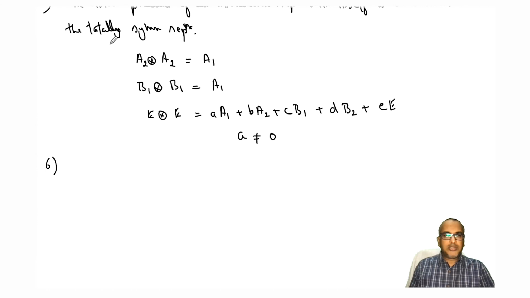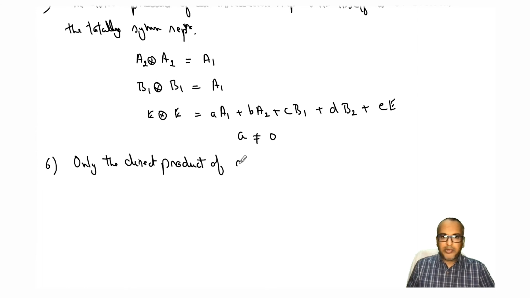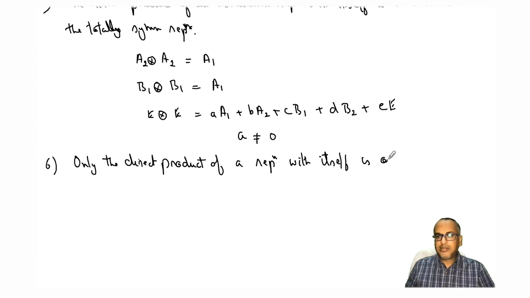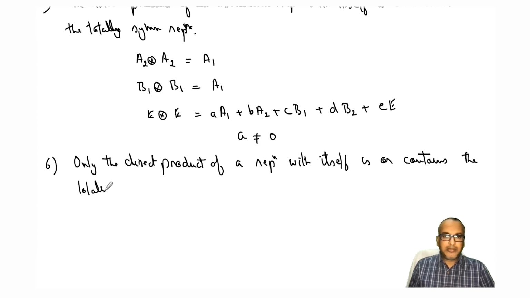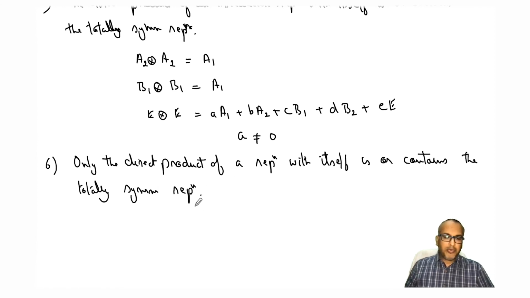And the last one also is a corollary of this fifth one. Only the direct product of a representation with itself is or contains the totally symmetric representation. Okay, so what do I mean here?